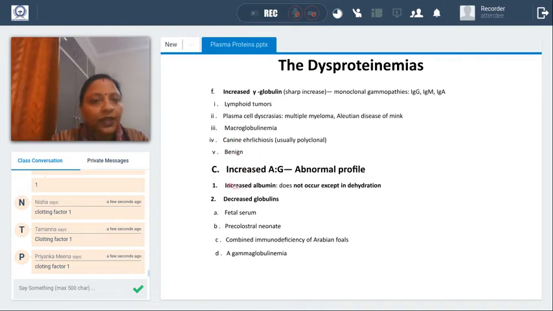Then increased AG or abnormal profile, again, increased AG means albumin increased and globulin decreased. So increased albumin does not occur except in dehydration, you all know, and decreased globulin occurs in conditions like fetal serum, neonates, combined immunodeficiency of Arabian foals, and agammaglobulinemias.